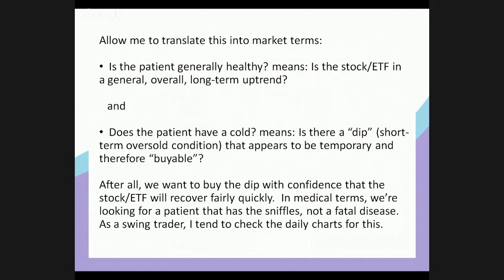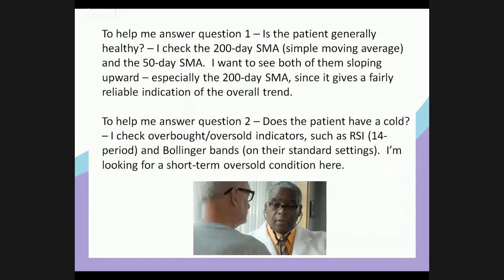As a swing trader, I tend to check the daily charts for this. To help me answer question 1, is the patient generally healthy? I check the 200-day simple moving average, or SMA, and the 50-day simple moving average. I want to see both of them sloping upward, especially the 200-day simple moving average, since it gives a fairly reliable indication of the overall uptrend.